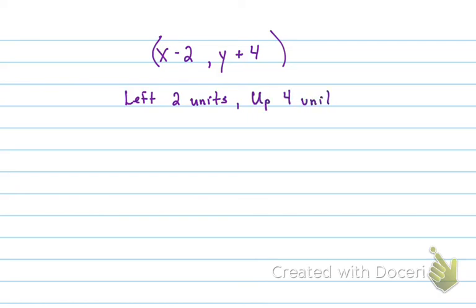Okay, it's just a different way of writing it. And you have one problem on your homework tonight that's written like this. Okay, so just know if it's a minus sign, that means left. If it's a plus sign on y, it means up. Or if it's a minus sign with y, it means down. Okay, all right, so that's everything you need to know for today's lesson.